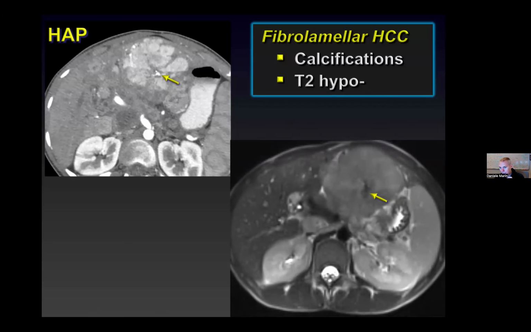And I told you that the hyperintensity was related to a high water content within the central scar. This is completely different with fibrolamellar HCC, where the central scar is typically hypointense compared to the background liver parenchyma. And the hypointensity is related to the area of calcifications and very dense fibrosis within the central scar.